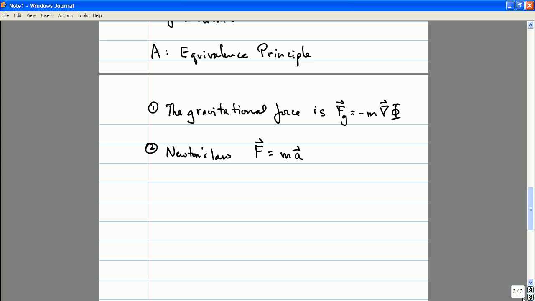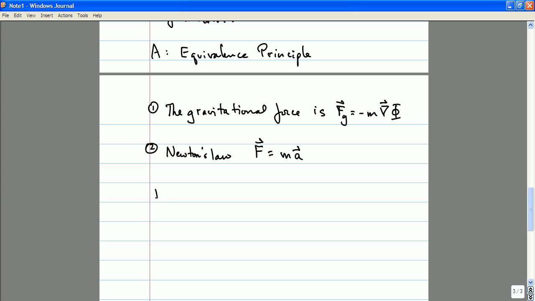And the truly remarkable thing about these two equations, and something which I think is so remarkable that we don't even notice it, is that there is a parameter m appearing in equation 1, and also a parameter m appearing in equation 2. And they just happen to be the same.